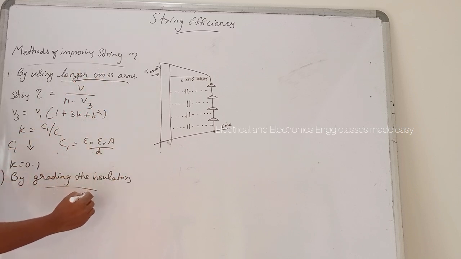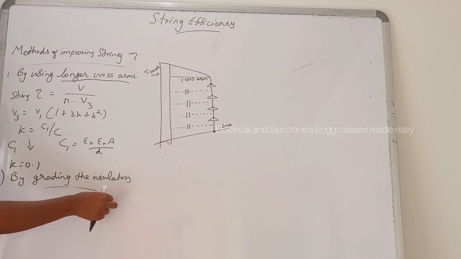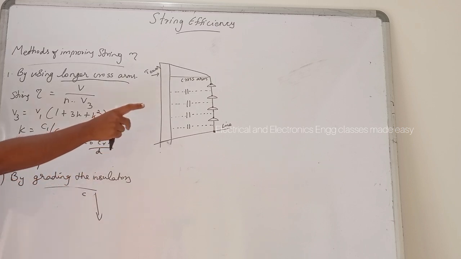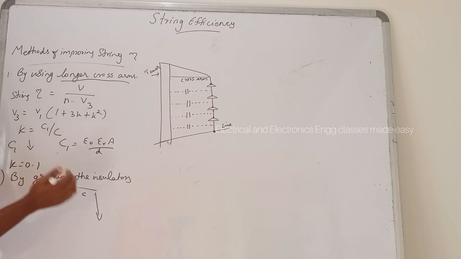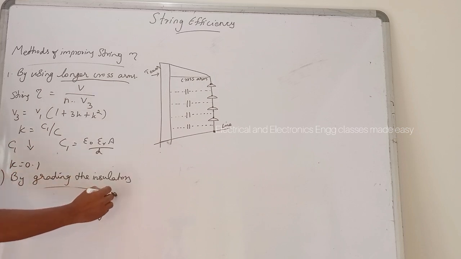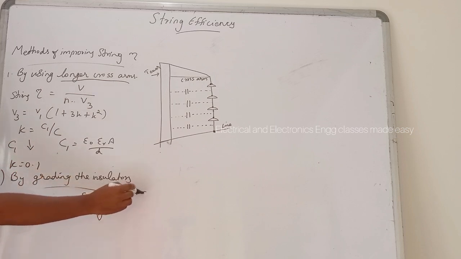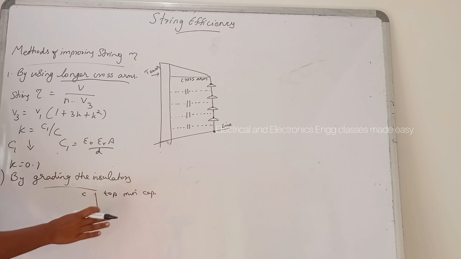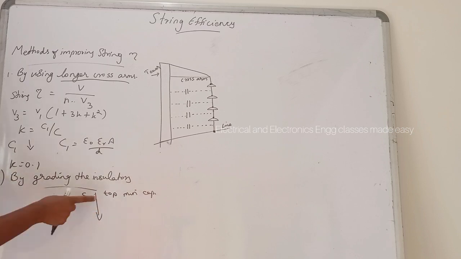So the capacitance value is increasing downwards. The top has the minimum capacitance value. That is, the capacitance is inversely proportional to the voltage.